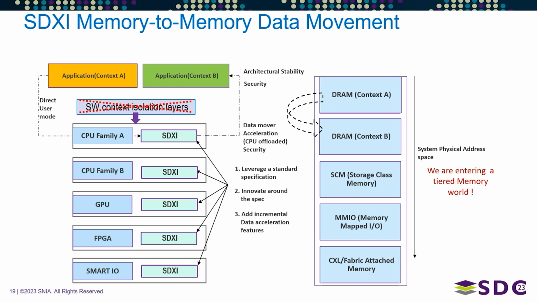And that's really important for a standard like this. We make sure that we are cutting down the software layers, and you can directly program this using user mode while preserving the stability of and security constructs. We're also designing in such a way that you won't be just targeting DRAM class memory. Other kinds of memories are also something that we intend to support as part of the standard, and we are just waiting for different kinds of memories to show up and be able to do that.